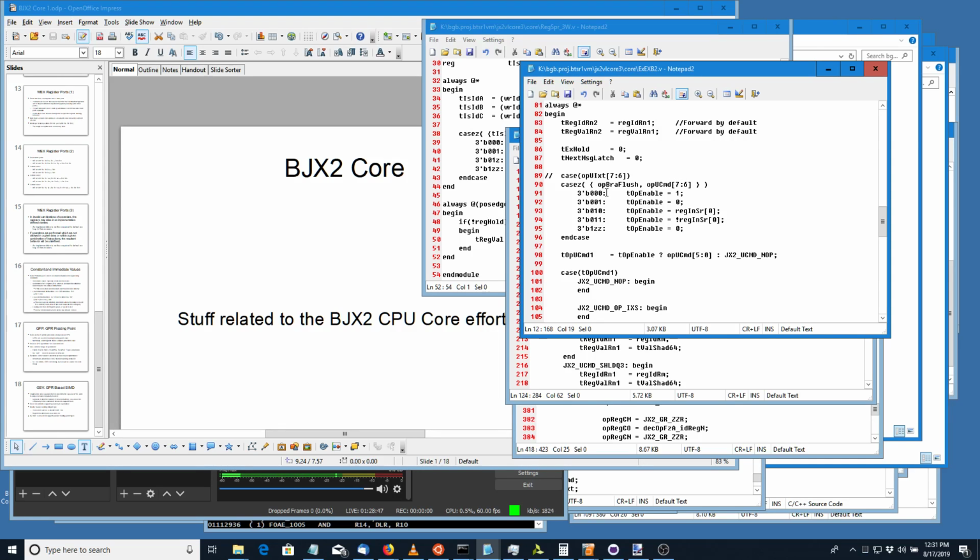If they're all 0, that means it's a plain unconditional op, so it's enabled. If the mode is 1, that means it's never executed. So 0, 2, and 3 with no flush bit basically mean it's a predicated op.